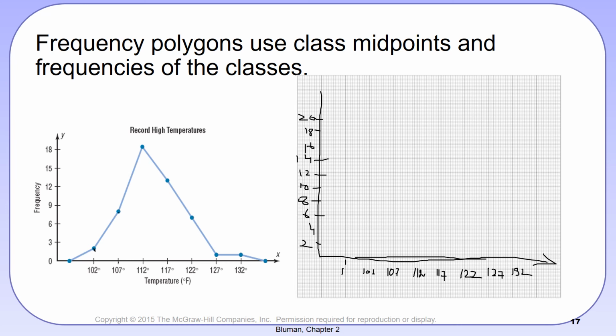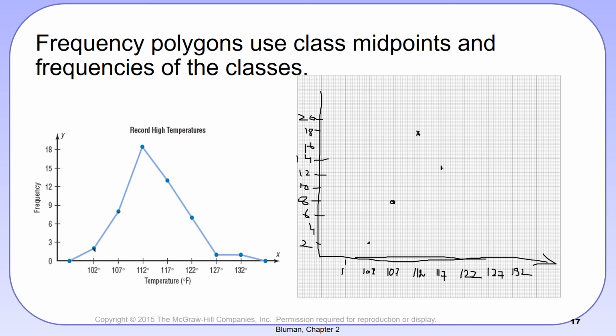So the frequency for the first midpoint is 2. This is 107, and the frequency of the second midpoint is 8. Then the frequency is 18 for the third midpoint, and for the fourth midpoint the frequency is 13.